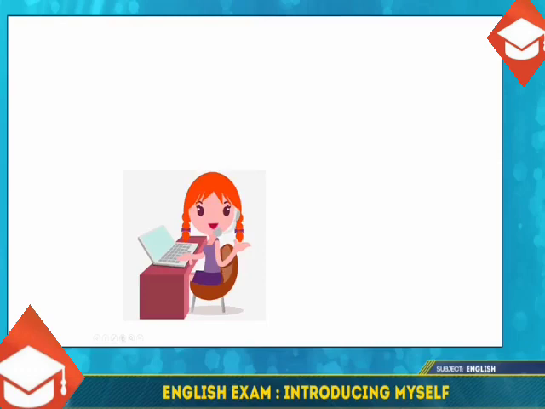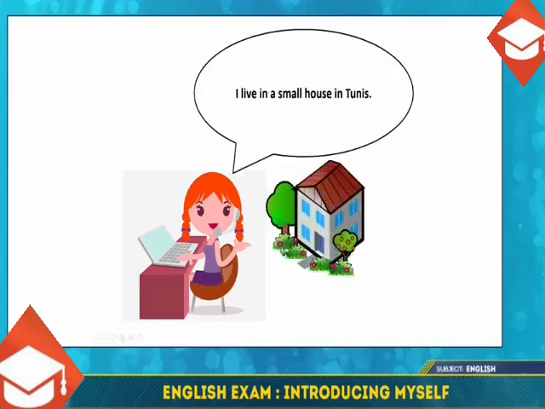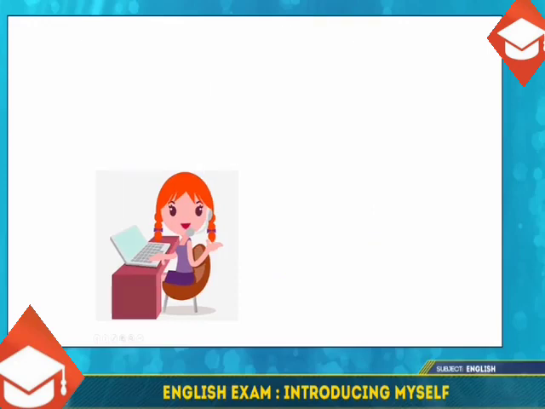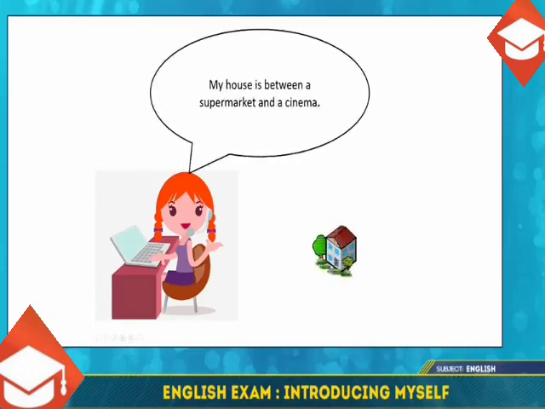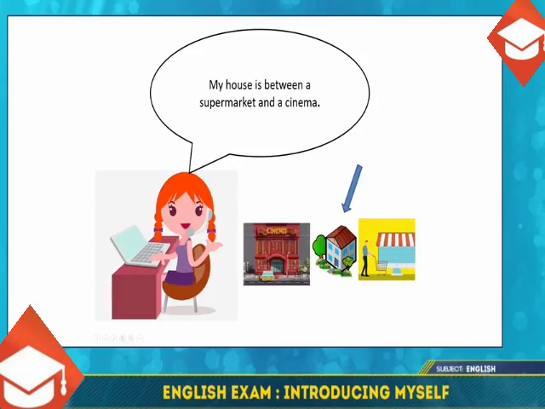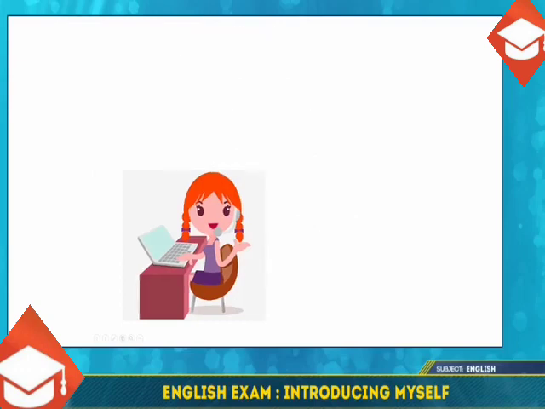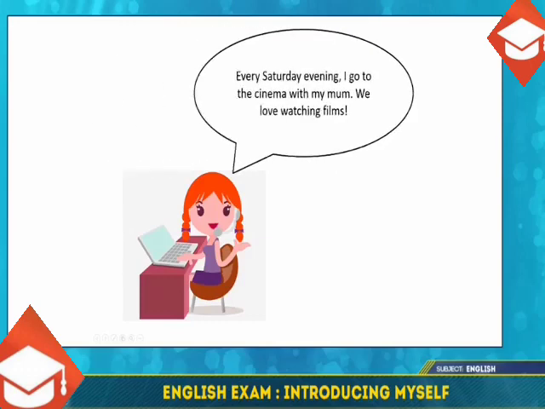After writing about your hobbies, you can describe your house. For example, I live in a small house in Tunis. Then you can say where your house is. For example, my house is between a supermarket and a cinema. Here we can add more details like, every Saturday evening, I go to the cinema with my mom.